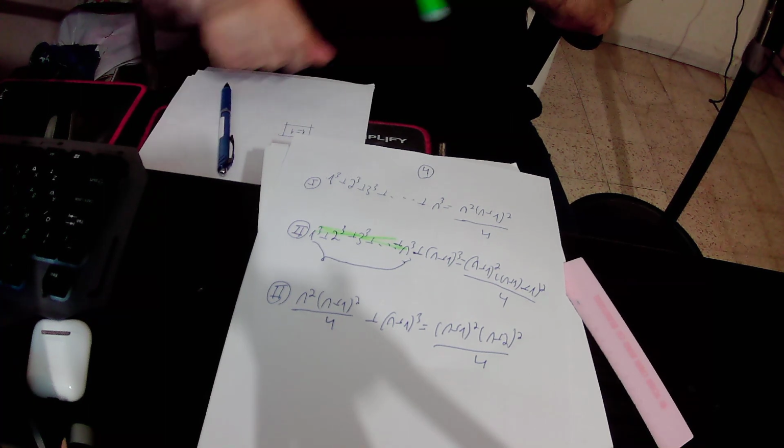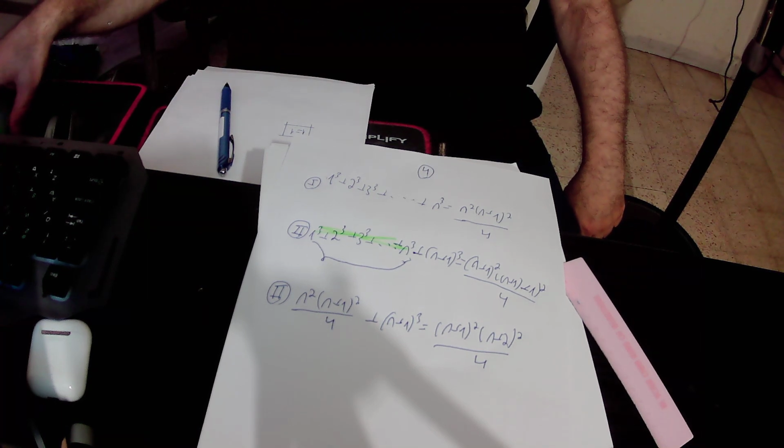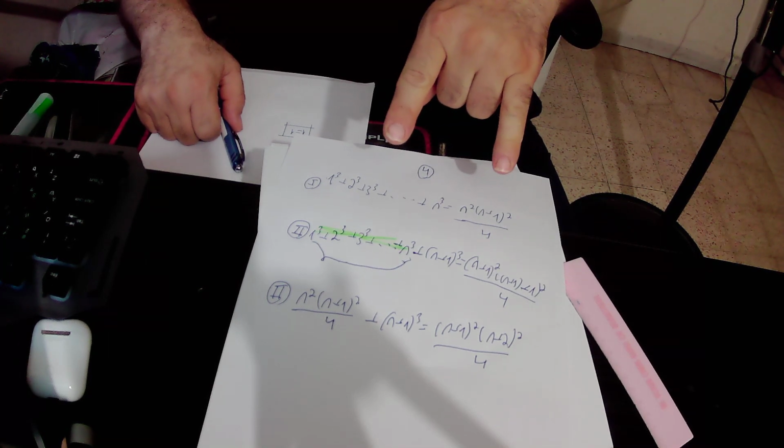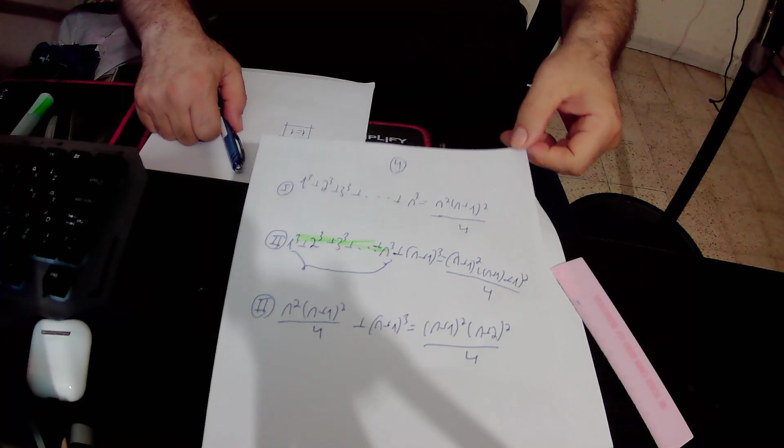Okay, so now we can divide both sides of the equation by n plus 1 squared, because we have this expression in both sides of the equation. So we'll do it now.